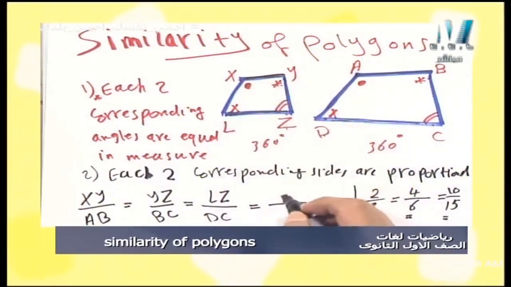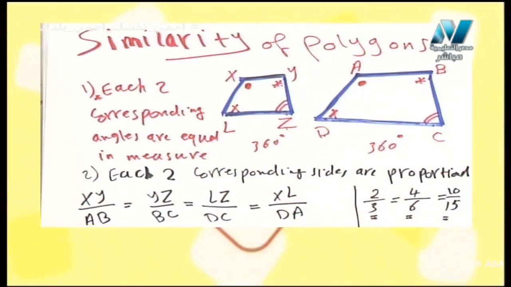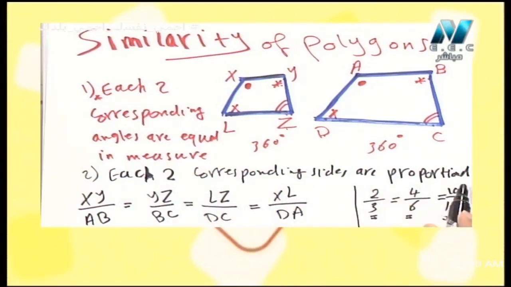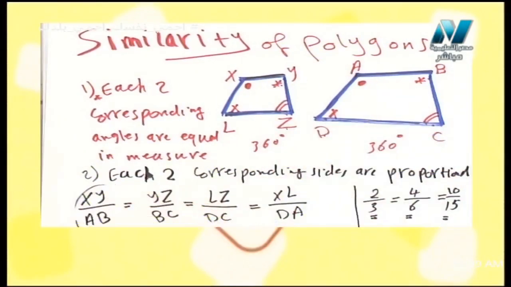So XL over DA. So what is the meaning of each two corresponding sides being proportional? That means the ratio which contains two corresponding sides equals the ratio which contains the second two corresponding sides, equals the ratio which contains the third sides and the fourth.